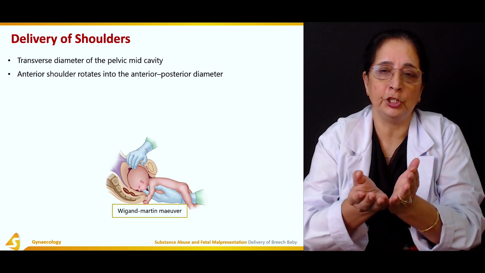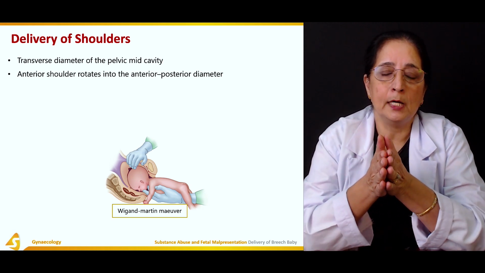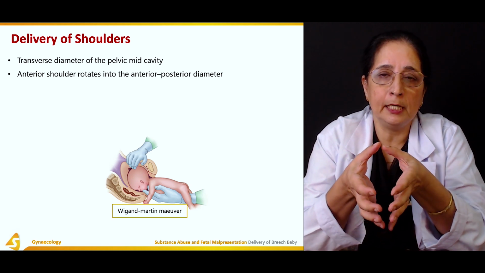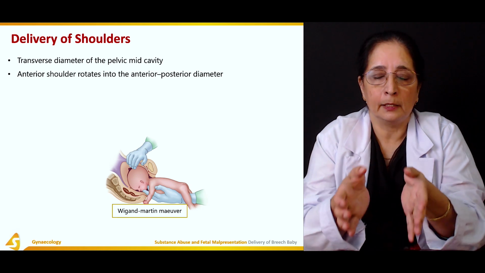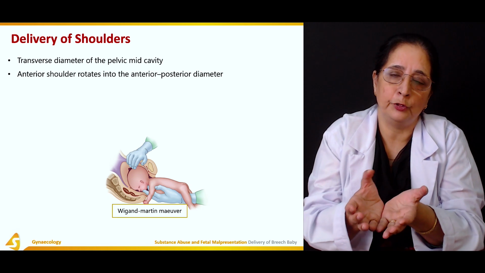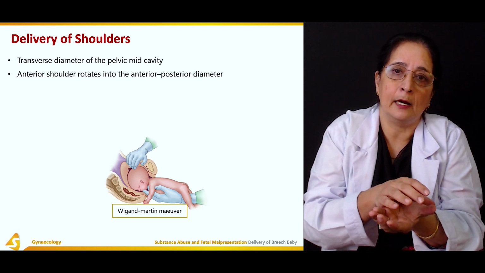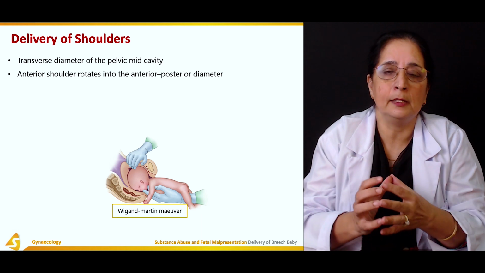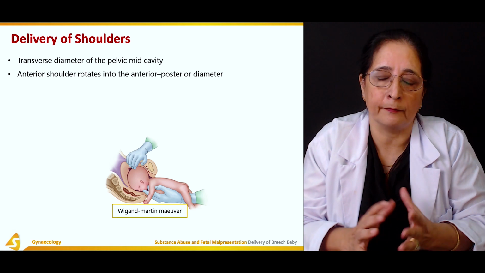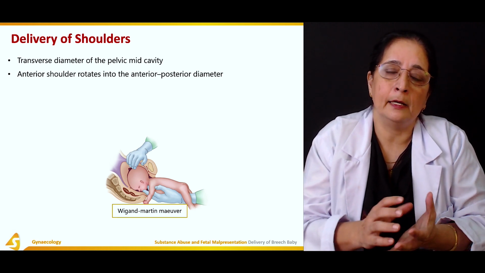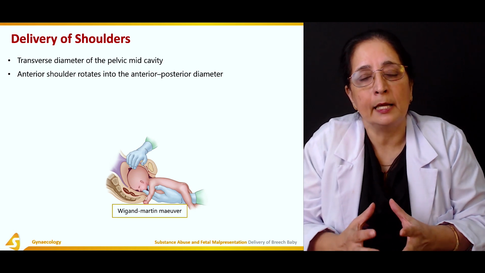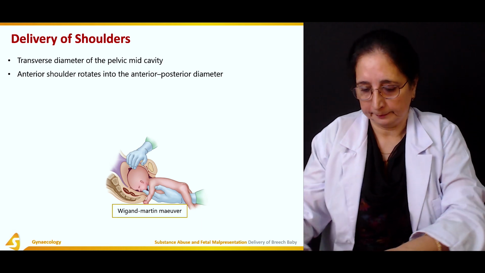Once the hips and the legs are delivered, the baby is held with a cloth holding the hip, and then the turning of the baby is performed, usually 90 degrees and then 180 degrees, to deliver the arms one by one, first the right and then the left. So the baby is turned, one arm is delivered, and then it is rotated back and the left arm is delivered.